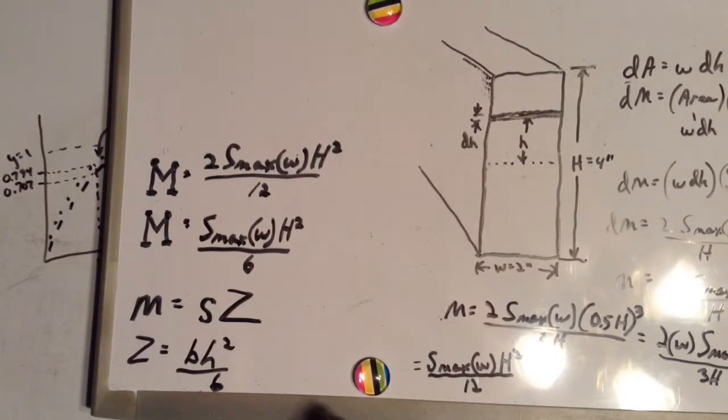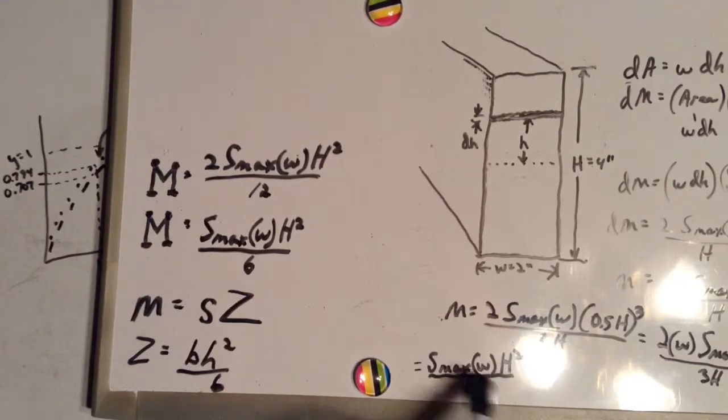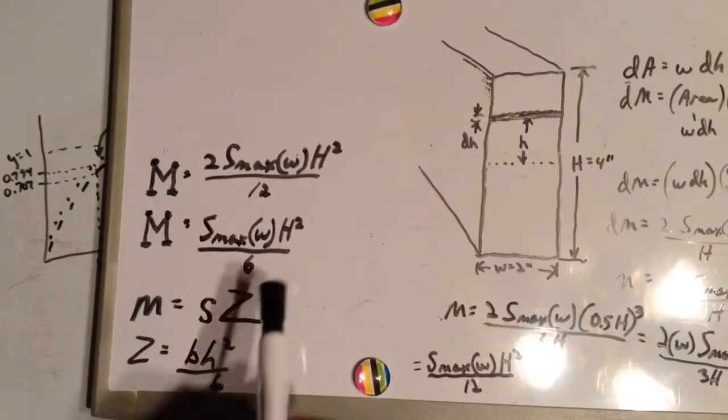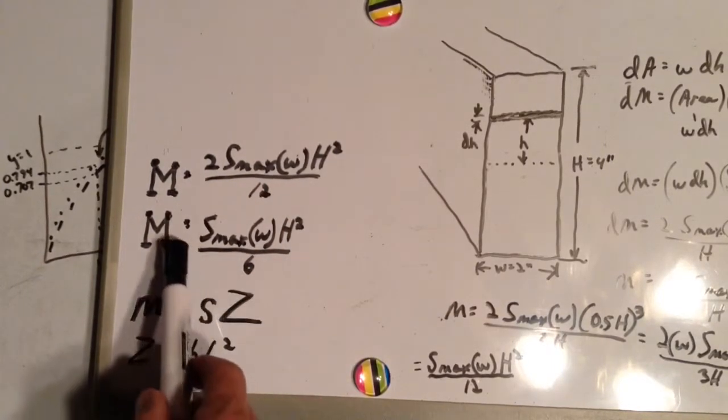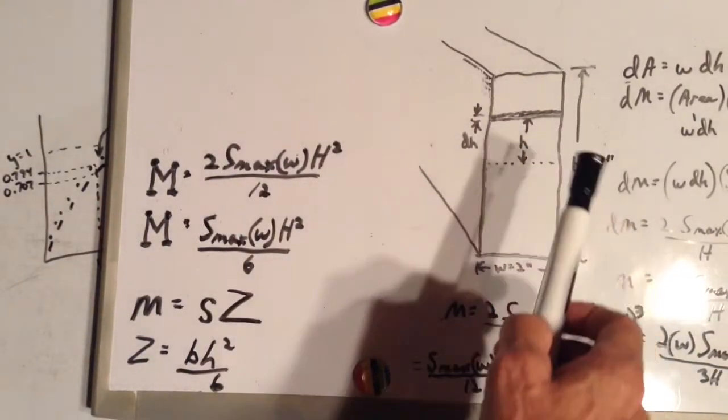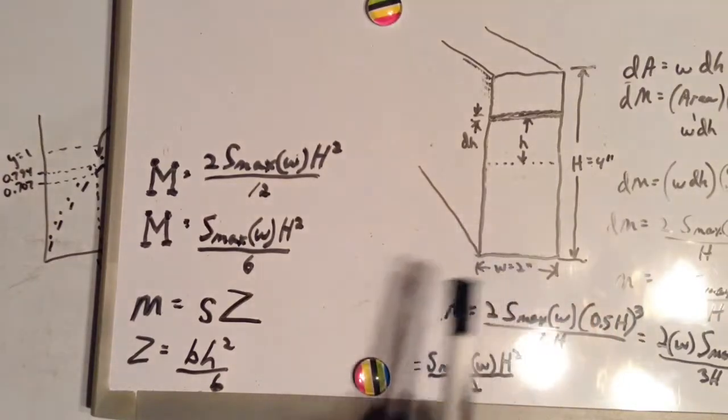We just took this and multiplied it times 2. 2 times stress max times W times h squared over 12 is what we have here. And of course 2 over 12 is 1 over 6. So that's our formula for the bending moment of a rectangular cross section.